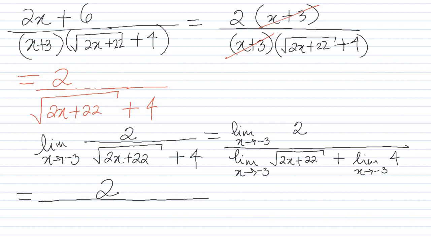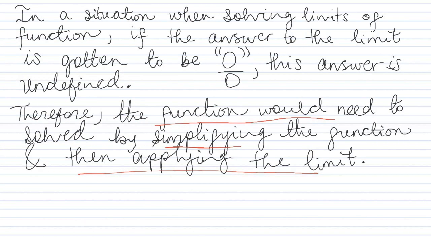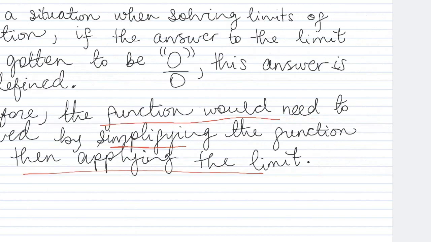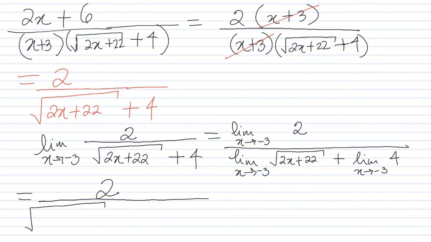Divided by what we've done before, which is going to be the square root of, remember how whenever you're taking the limit of a function that is enclosed in a square root, what you're just doing is getting the square root of the limit of that function, basically applying it. So we're going to do the same thing here.